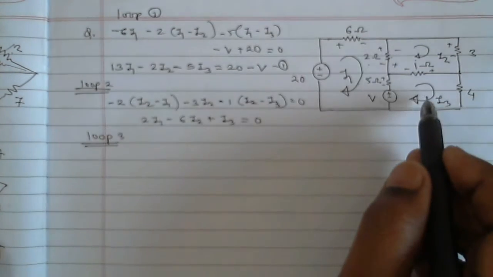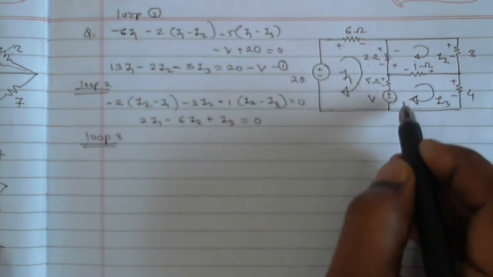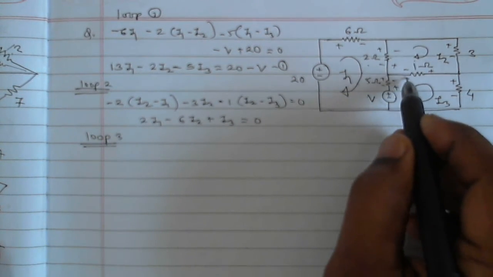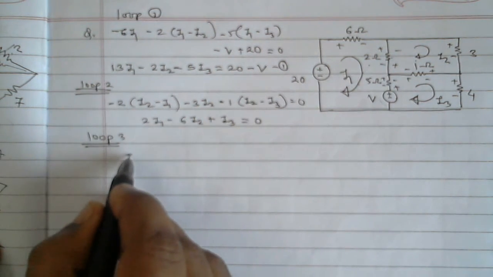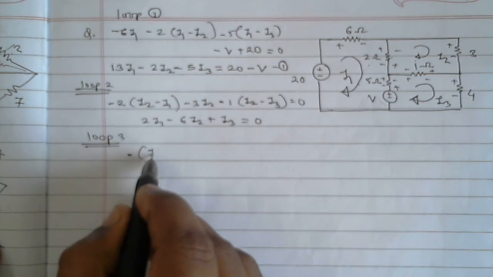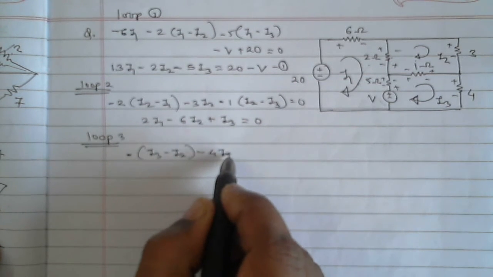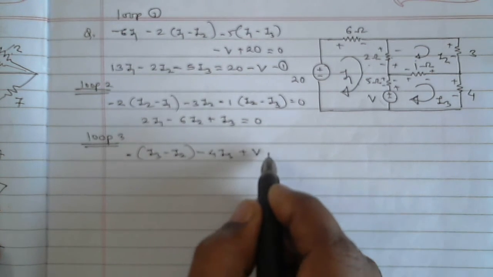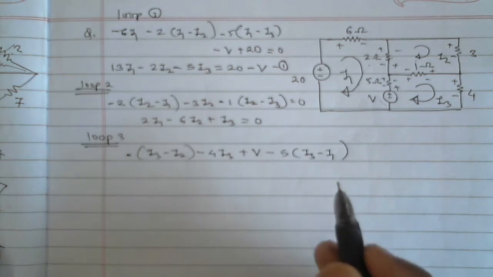Now apply KVL in loop 3, means this loop. In this loop again new polarity, plus minus plus minus plus minus. So let's start from here. So it is minus 1 (I3 minus I2) minus 4 I3 plus V minus 5 (I3 minus I1).